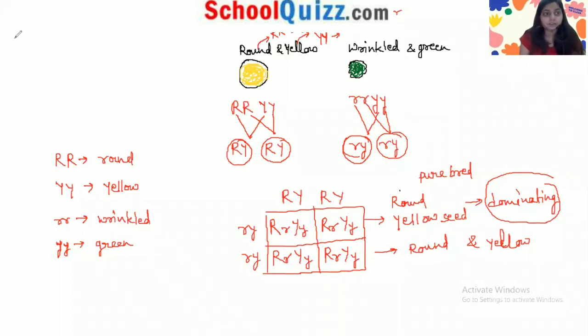Now let's see the F2 generation and let's see what we will find. So here only the round and yellow seed is found in the F1 generation.